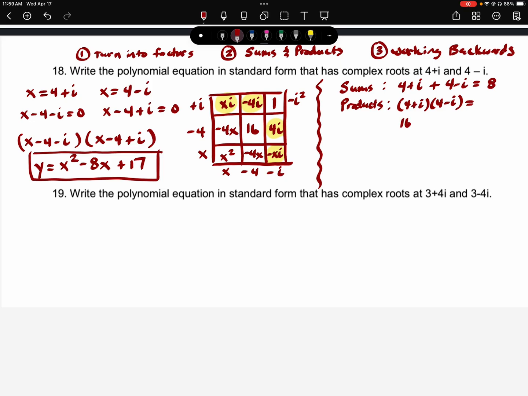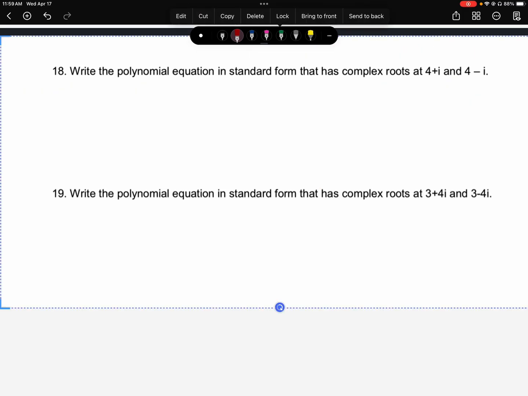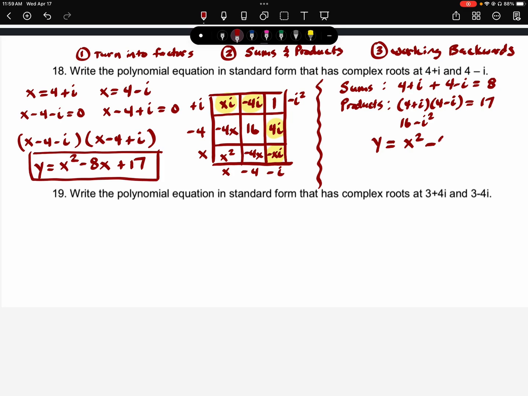And then you'd have minus 4i and plus 4i, and then minus i squared, which gives you 17. And then remember, you're just going to take it and you're going to put your x squared. You're going to take the opposite of the sum. So if a positive 8 is the sum, this would say minus 8x, and then your product at the end, plus 17. All right, and I'll demonstrate the working backwards method when I do 19.